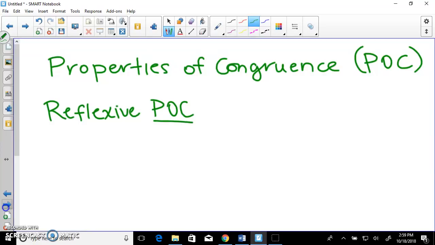Remember the reflexive property of equality says that A is equal to A. Well, we're not talking about equality, we're talking about congruence. So what this says is a line segment like AB, and we label it with our line segment symbol, is congruent to itself, AB.